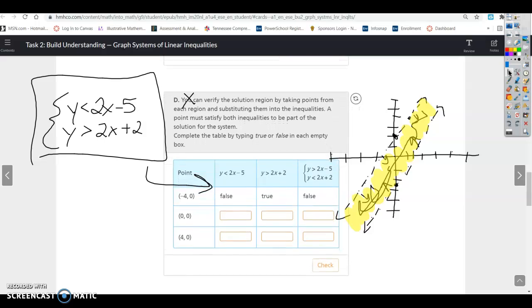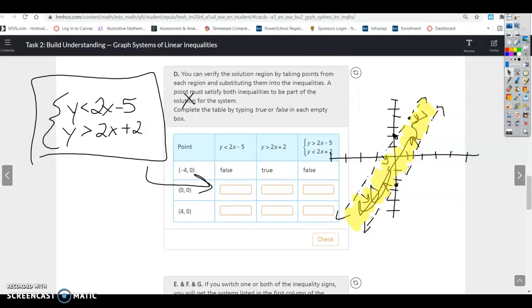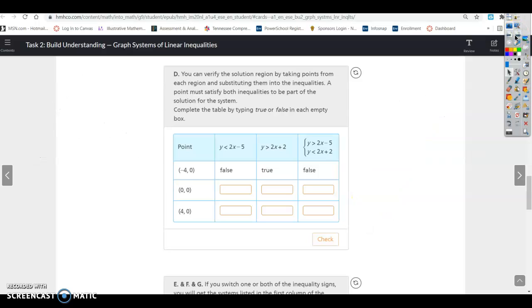All right, it says you can verify the solution region by taking points from each region and substituting them into the inequalities. A point must satisfy both inequalities to be part of the solution of the system. All right, so if I plug in 0, 0 minus 5 is... is 0 less than -5? 0 is not less than -5, so that is false.